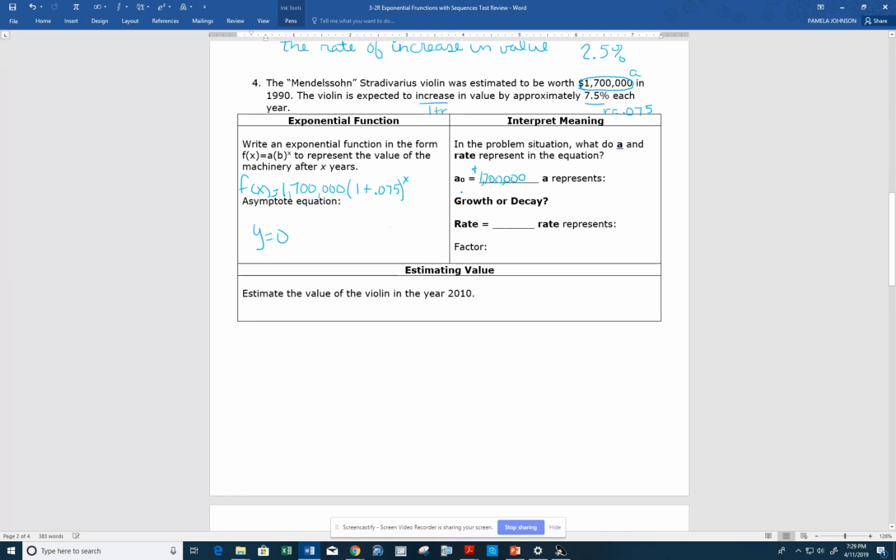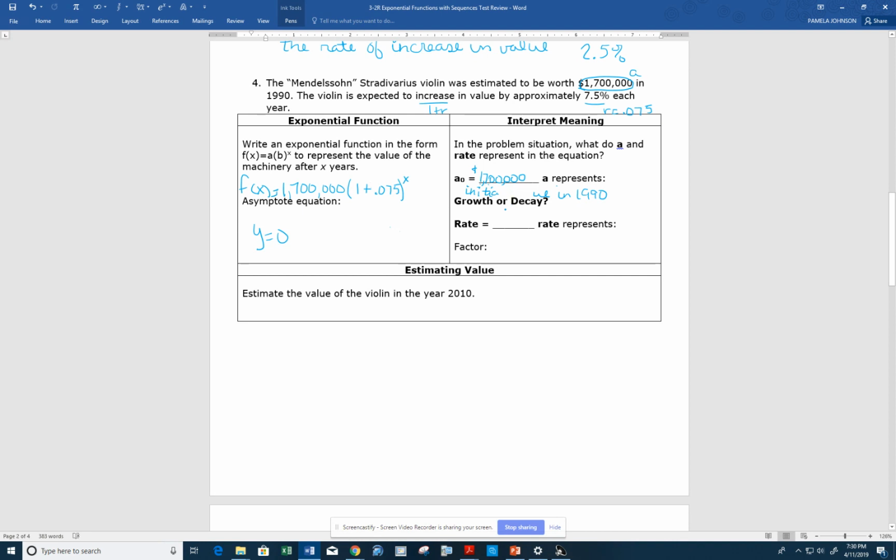And it represents the initial value of the violin in 1990. Okay.